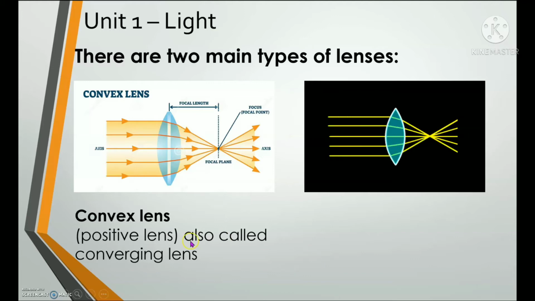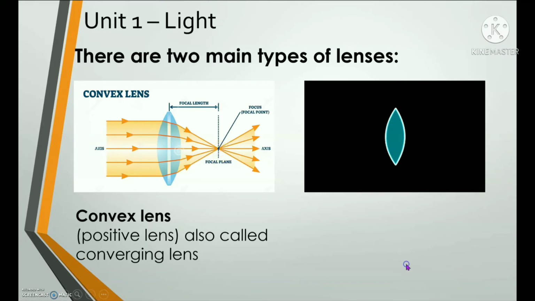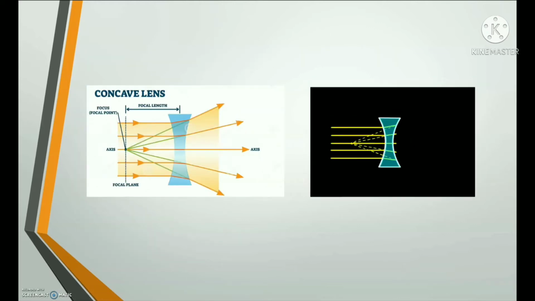Very good. Because a converging lens converges all the light rays together in a single point. Very good. Now let's move on to the next slide.